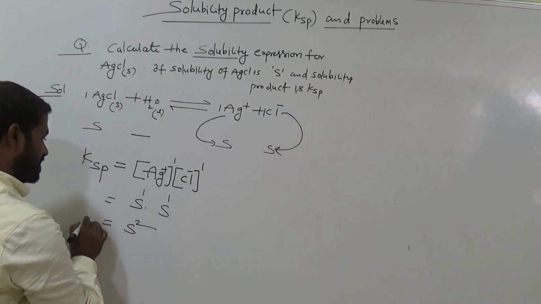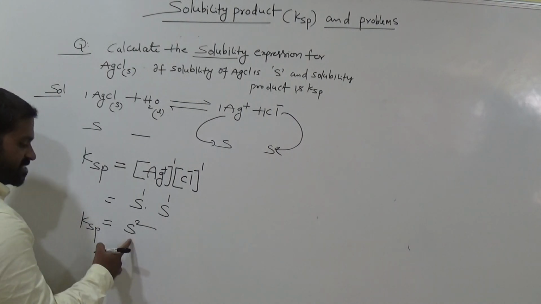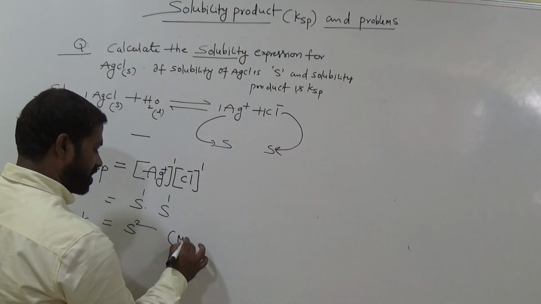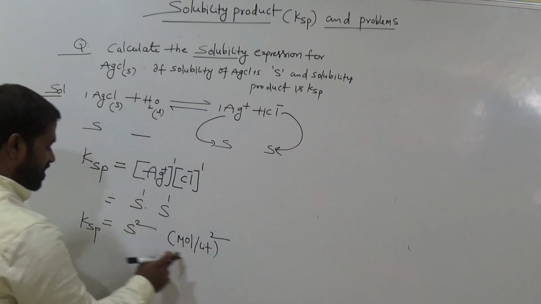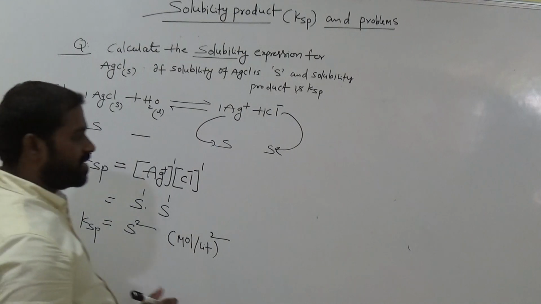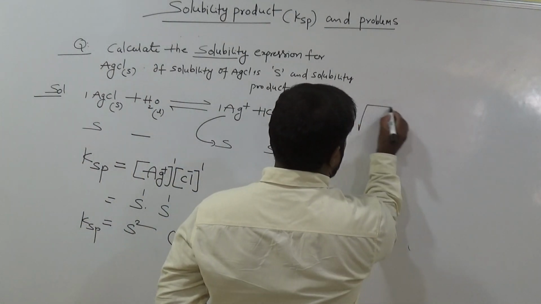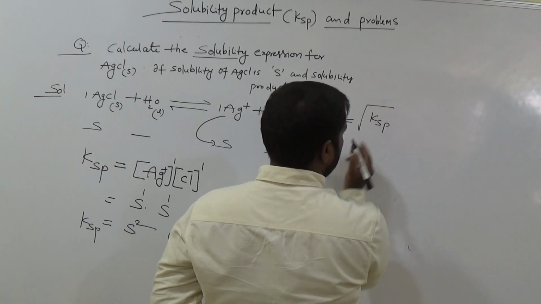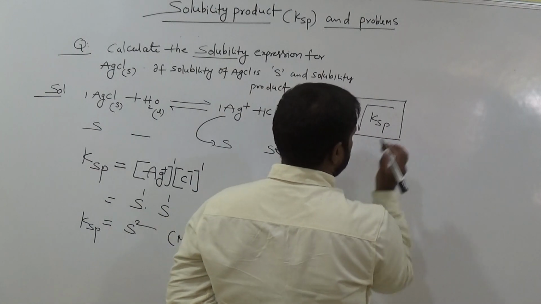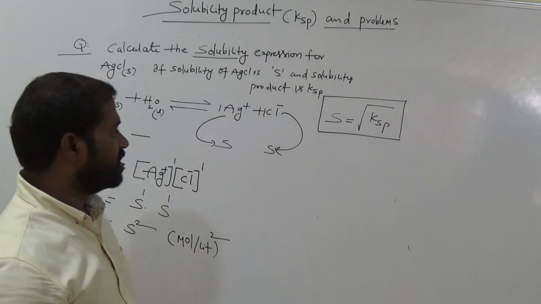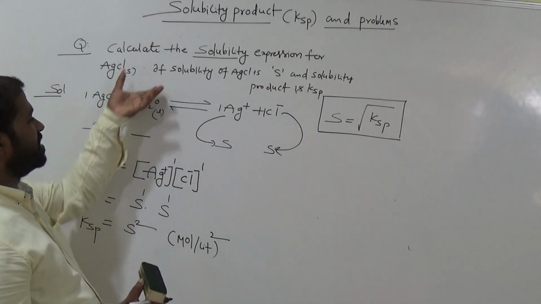S squared, that is Ksp, am I right? Units for S, mole per liter, so S squared means whole square. From this, what is the value of S? S is equal to square root of Ksp. Now this is the expression for solubility and solubility product of this problem.